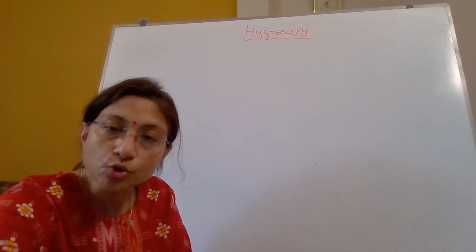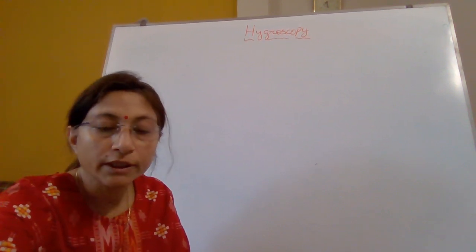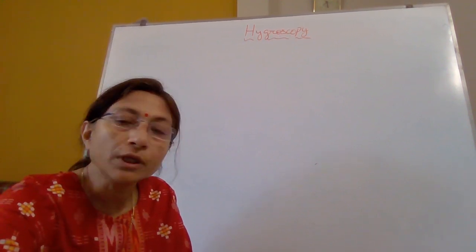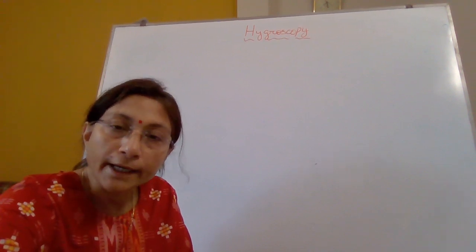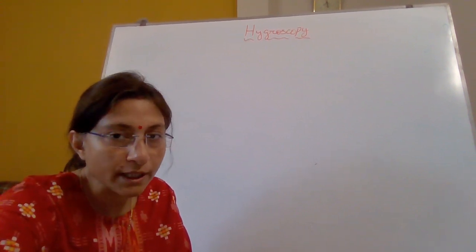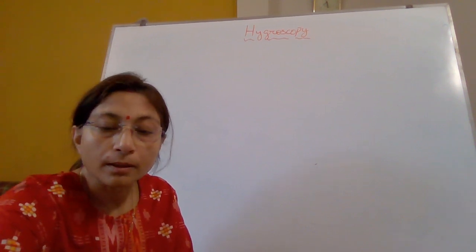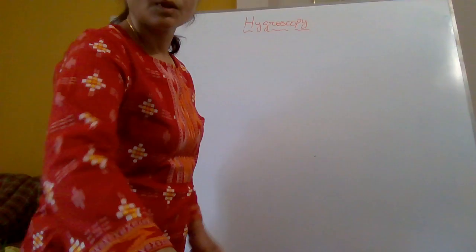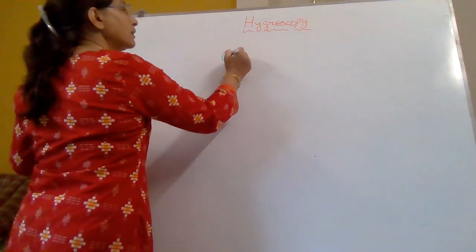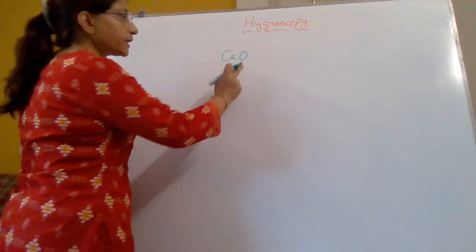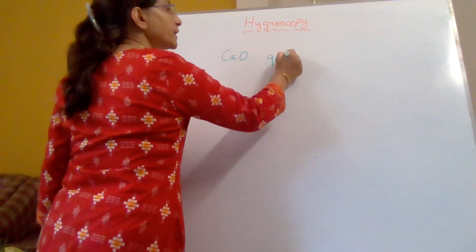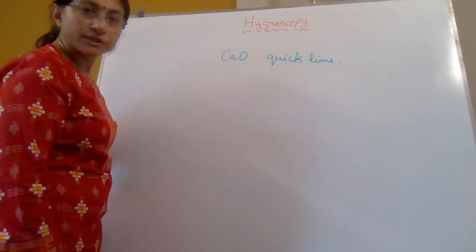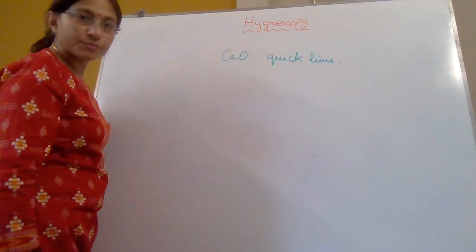Now these hygroscopic substances can be both solid amorphous as well as liquid in nature. For example, a solid amorphous hygroscopic substance is calcium oxide. Calcium oxide is the quicklime. Then the liquid is your sulfuric acid. So the common name for calcium oxide is quicklime. This is the first type of hygroscopic substance.